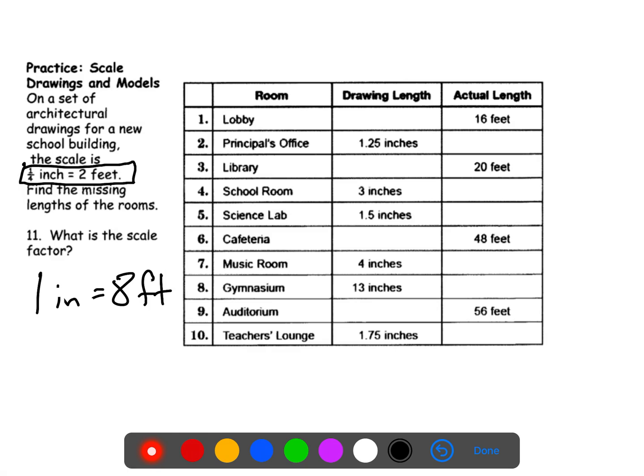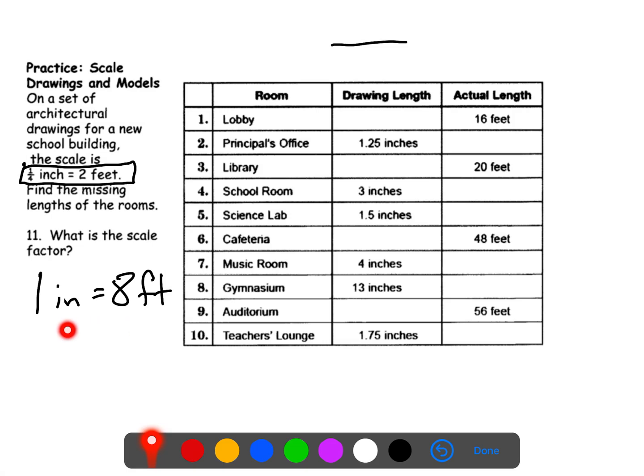Now, we can set up a proportion here to find this first measurement for the lobby. So we're given the actual length of the lobby is 16 feet. We want to know what it is in the drawing in inches. So let's start with our scale factor. Now here, you could use either the scale factor or the scale we were given in the problem. They're both going to work.